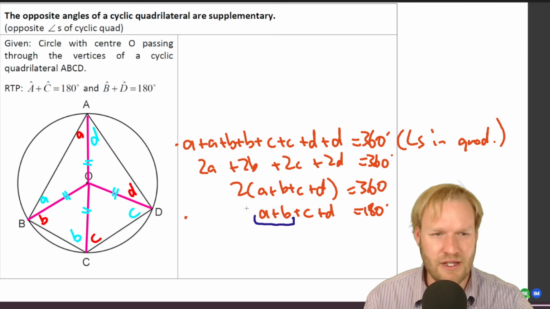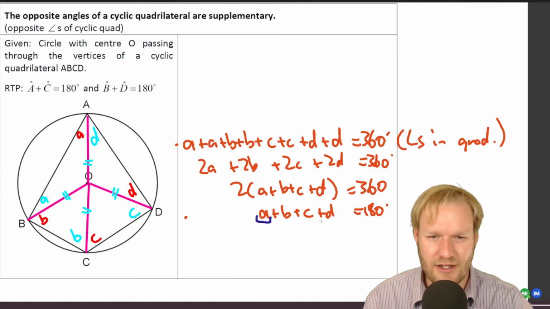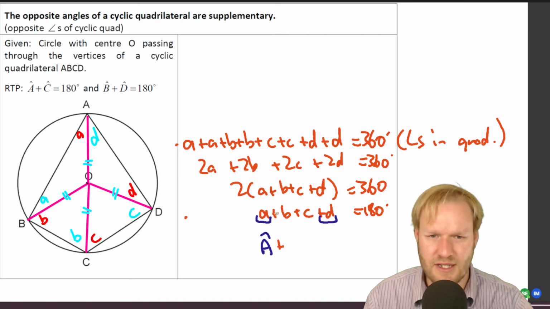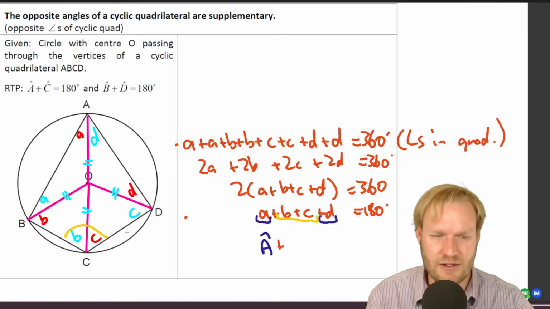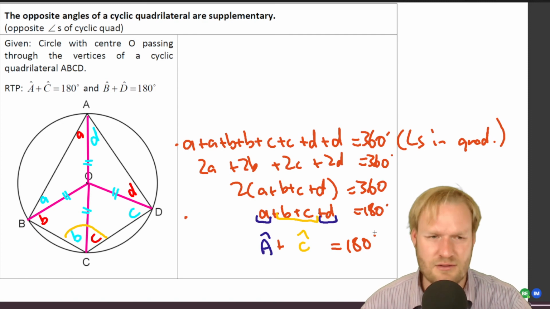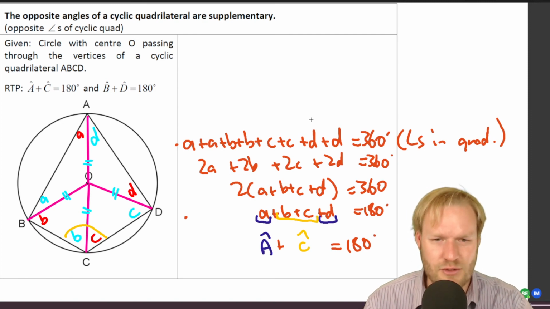A plus D, well, isn't that just the same as angle A? So that's A. And similarly, we've got B plus C. Well, B plus C is this angle down here, so that's just angle C. So what we've shown is that A plus C equals 180. Cool. So nice proof as well to do it that way.